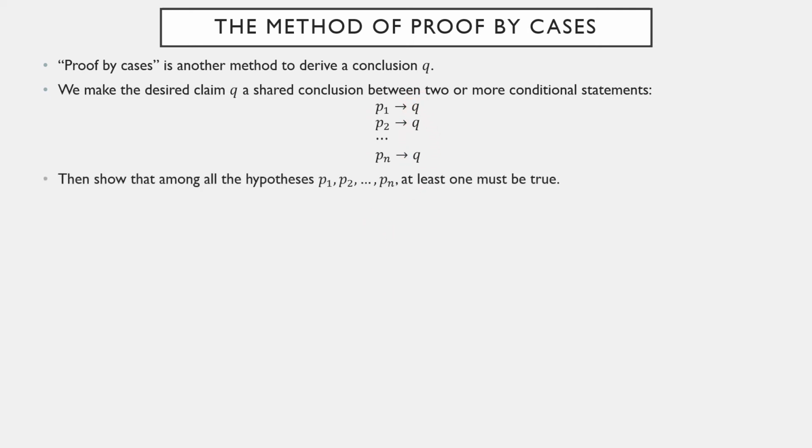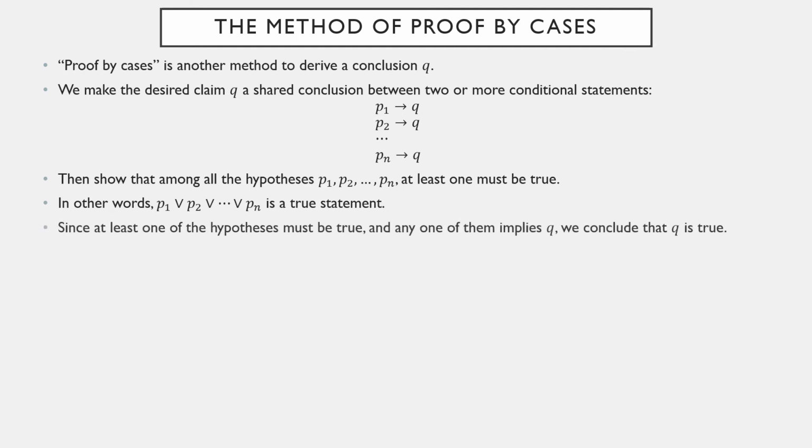Then what you show is among all the hypotheses that you used, at least one of them has to be true. In other words, the disjunction P1 or P2, etc., is true. At least one of them holds, even if you don't know exactly which one. And any one of them would imply Q, and therefore what you conclude is that Q must be true.